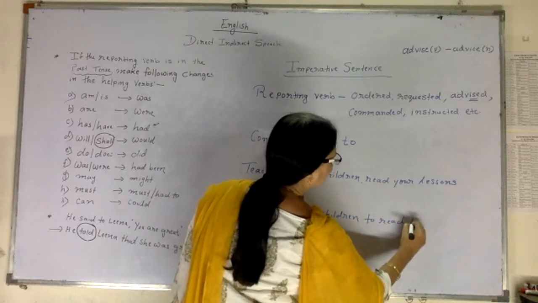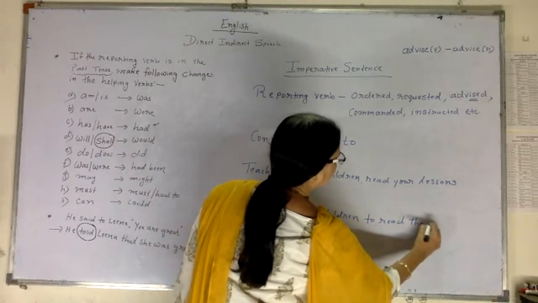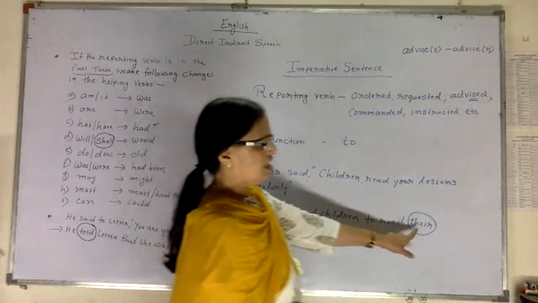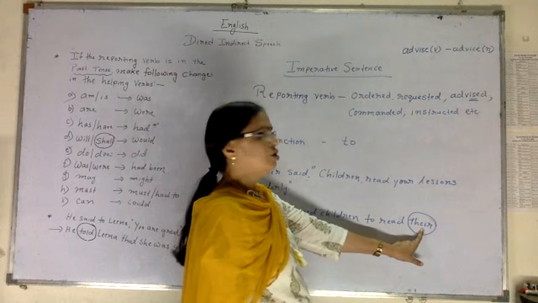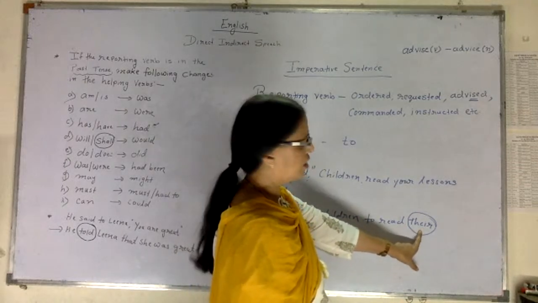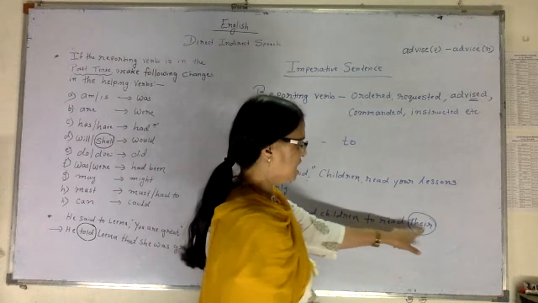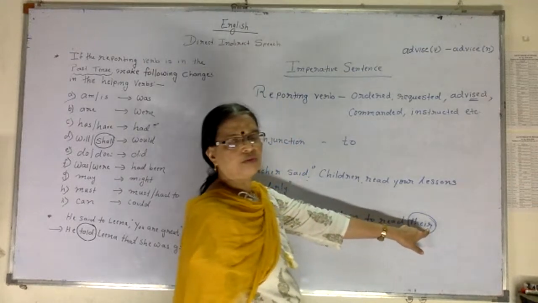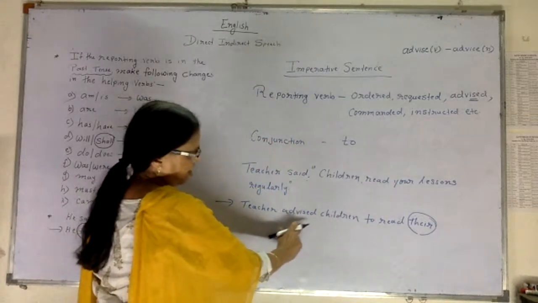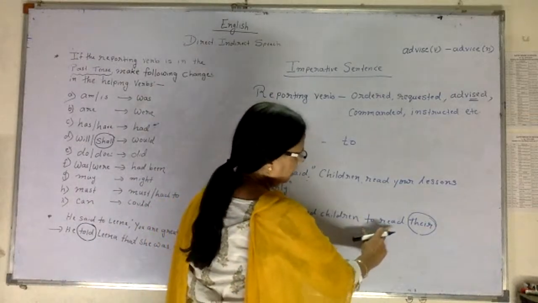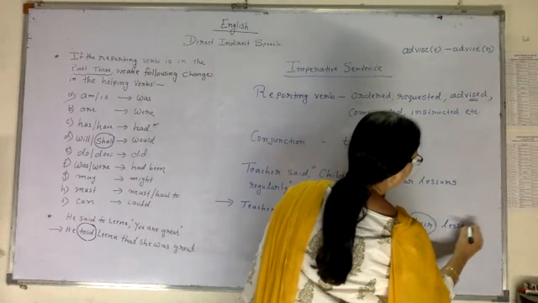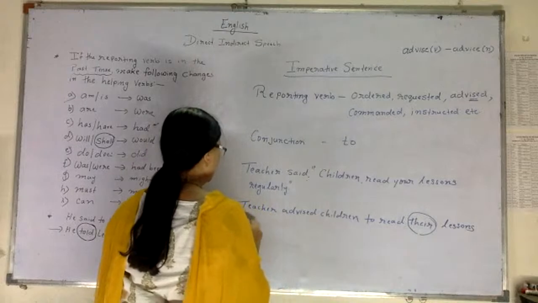"Your" will change to "their." Again, see, there are homophones here. THERE denotes place, and THEIR shows belonging, possession. So it will be THEIR, not THERE. So: the teacher advised children to read their lessons regularly.